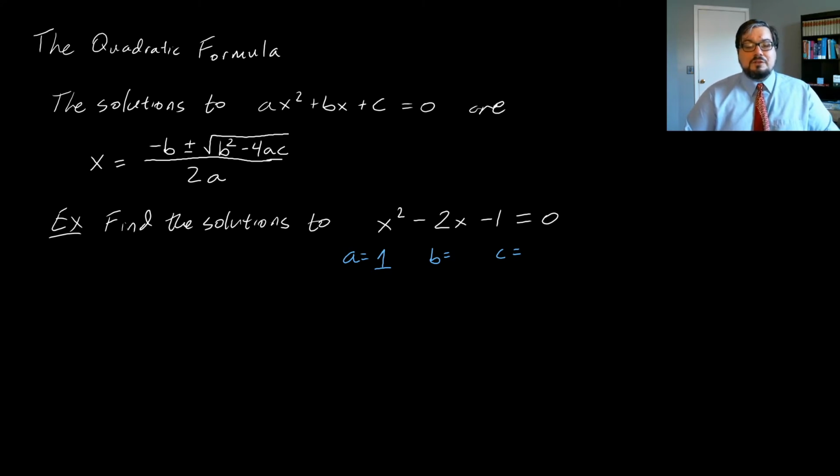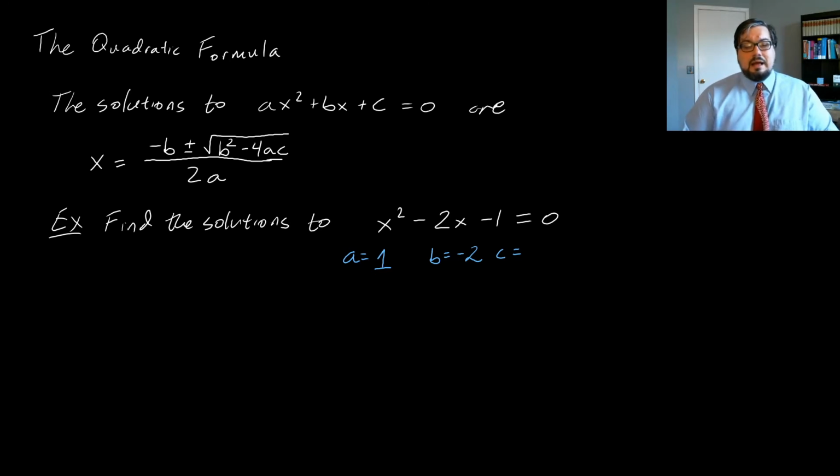B is the coefficient of x. It's the number being multiplied by x. And it's very important, absolutely vital, that you include the negatives when they appear. x squared minus 2x minus 1 is what we've got. And so that negative goes along with the 2. Remember, negatives always attach to the numbers to their right.